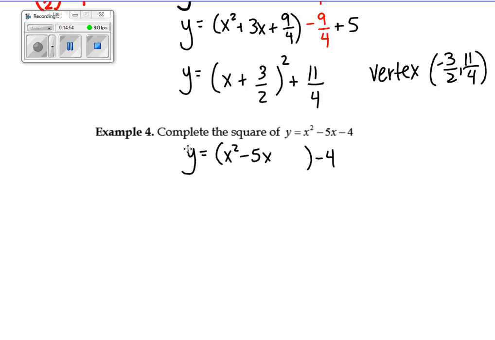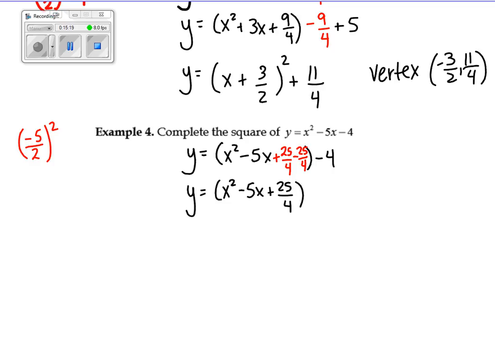To get the perfect square, we take the middle term negative 5, divide it by 2, and square it, which gives you positive 25 over 4. You can't just add 25 over 4, you also have to subtract it. To make a perfect square, we need only 3 terms, and we need the positive 25 over 4. So we move minus 25 over 4 outside the brackets.